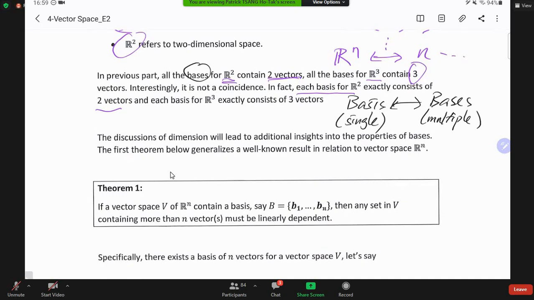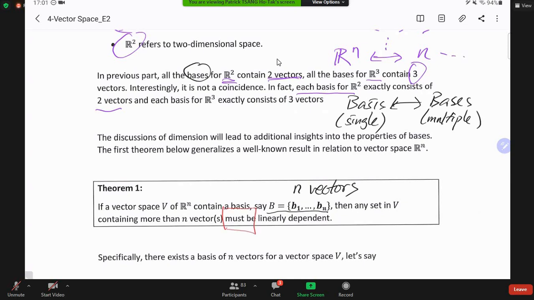The vector space V contains a basis, and I use a capital B to denote the basis. As I mentioned, for Rn space the basis will contain n vectors, so you can see in the set B1, B2, B3 until the last one, Bn, there are n vectors.